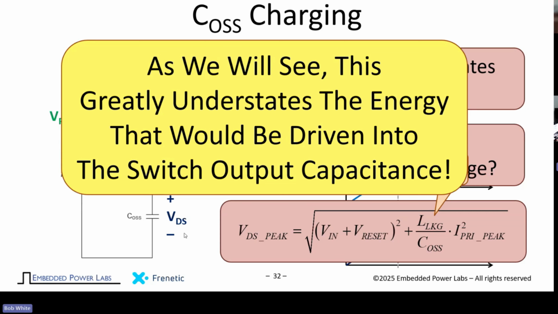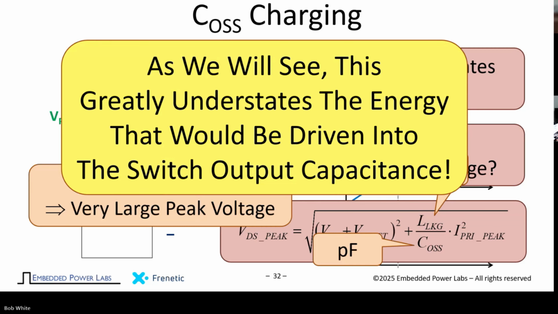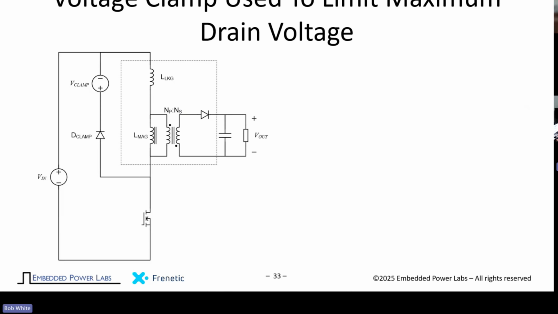So to prevent the voltage on the MOSFET from increasing without limit, to 1,000 volts or more, okay, we add a clamp circuit. We are going to limit the voltage across this winding, and we do it with a diode and with some sort of clamp voltage.